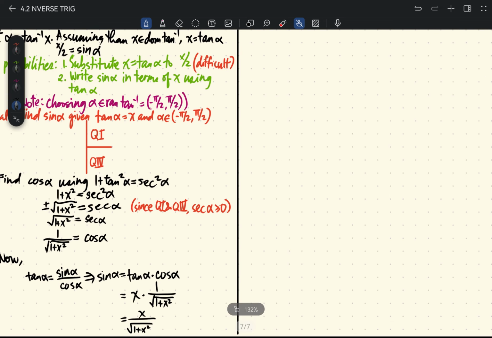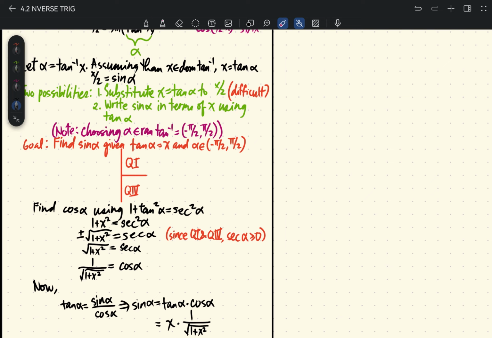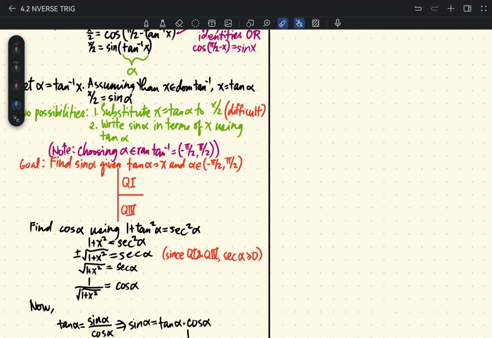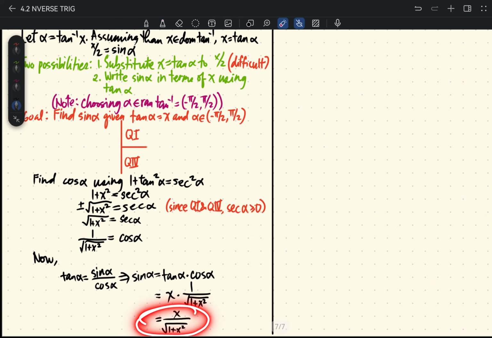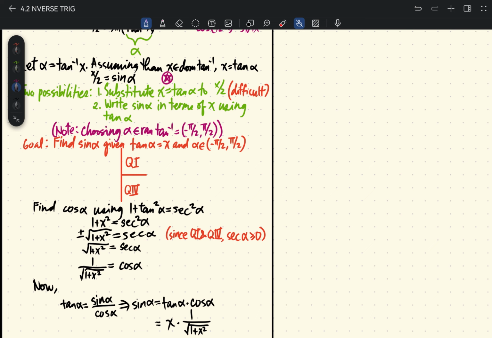So why are we doing this? Let's recall. That's because currently we have the equation x over 2 equals sine alpha. So what we did is write sine alpha in terms of x using tangent alpha. And we were already able to do that. So let's call this star.